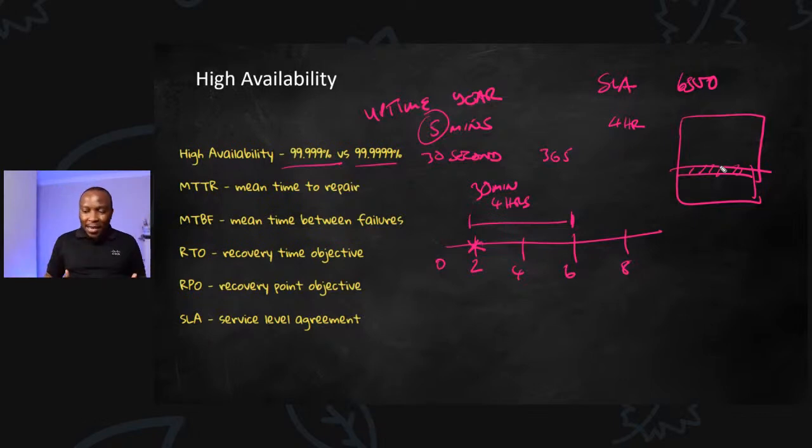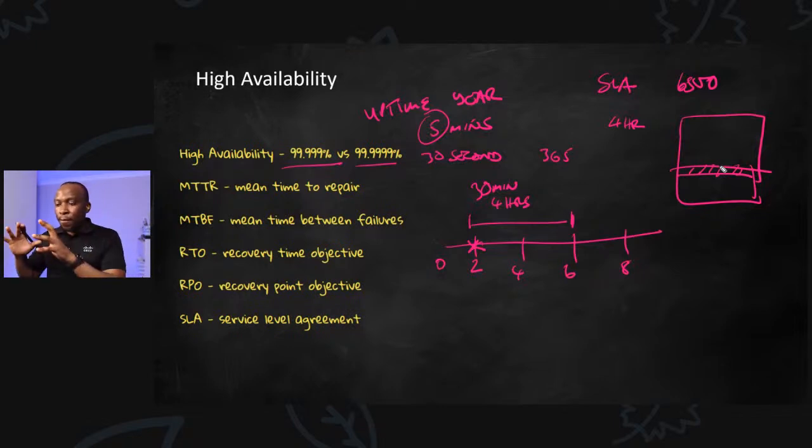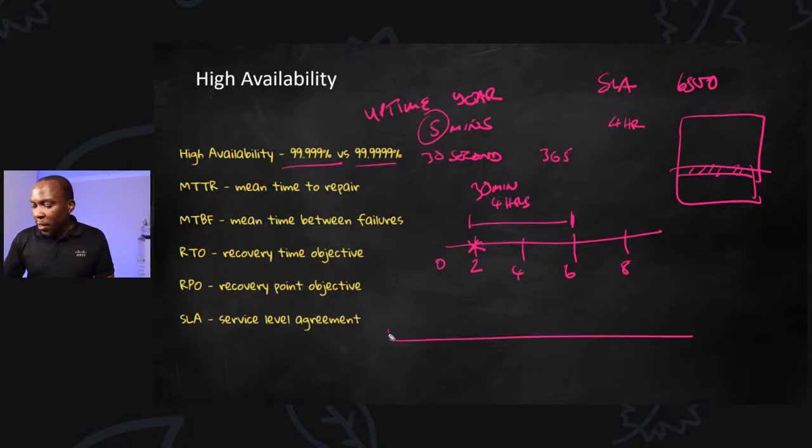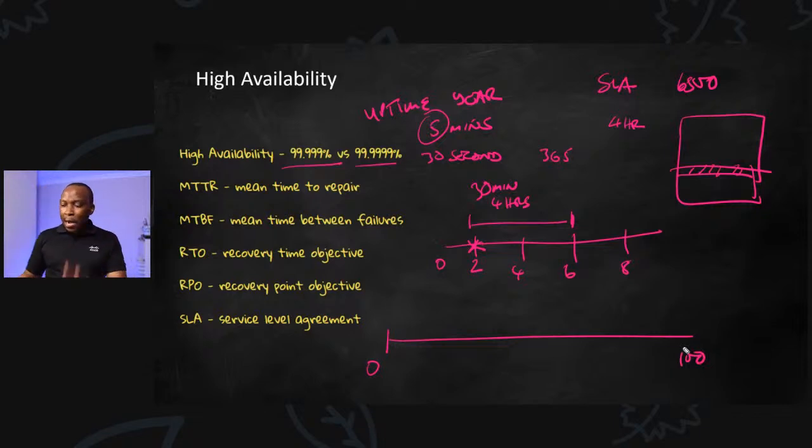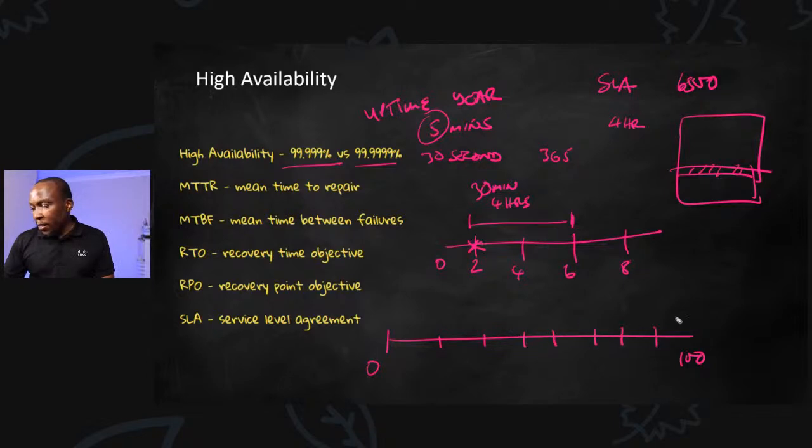Now, the mean time between failures is the average time between system breakdowns. I'm going to take a step back, because the mean time between failures is trying to calculate over a period of time. So let us look at this over a 12-month period. Let's say over 1,000 hours, for some reason, our equipment fails 8 times. So 1, 2, 3, 4, 5, 6, 7, 8.